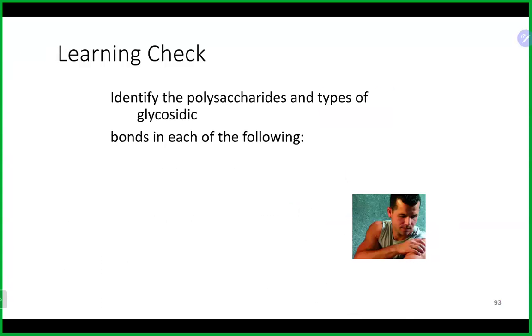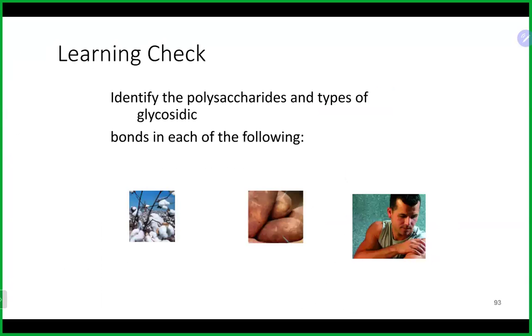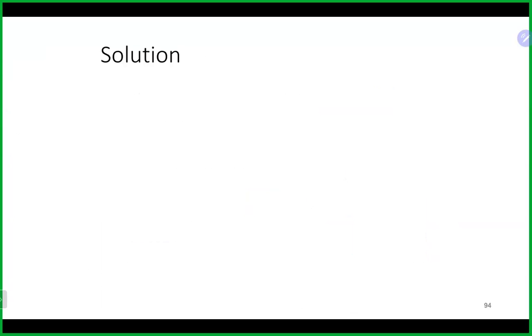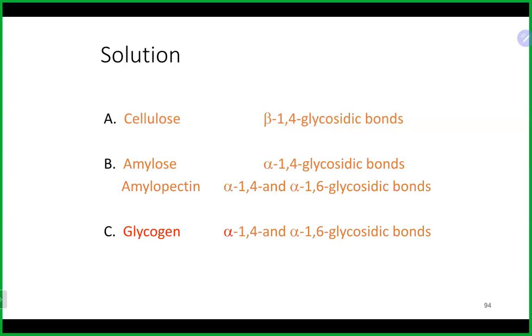All right. So, identify the polysaccharides and the type of bonds that are happening in each of these here. If we take a look at it like we just saw, we have our cellulose, which has our beta 1,4. And that's the one, again, going upwards.